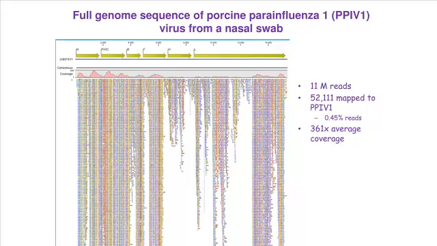You may think that's not very good, but since I have 11 million reads, we have such depth that we still get 361-fold coverage of the genome. That's really the key to next-gen sequencing: the depth. We have so much power, we don't need to know what we're looking for. We can randomly sequence everything and sort through it after the fact.